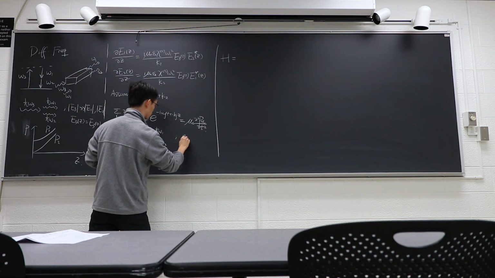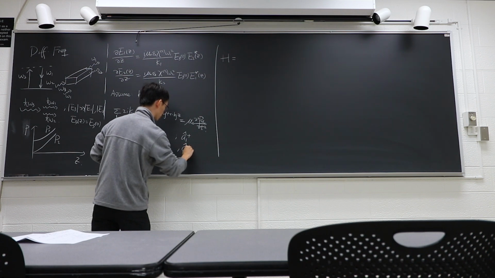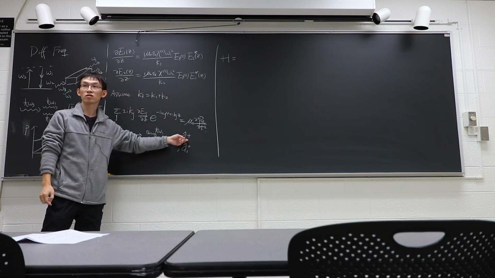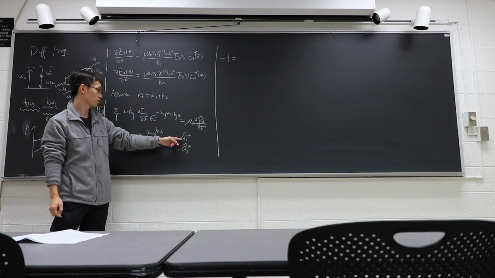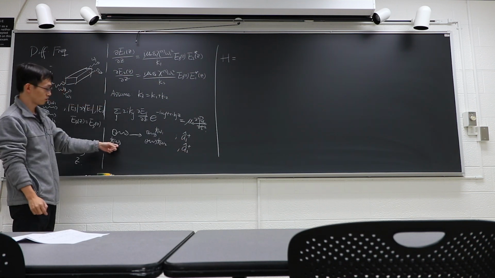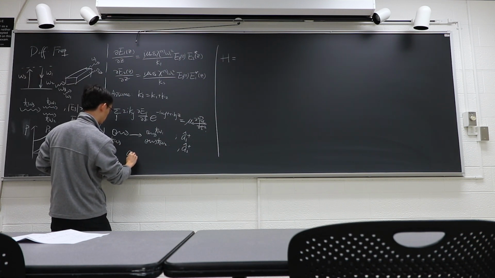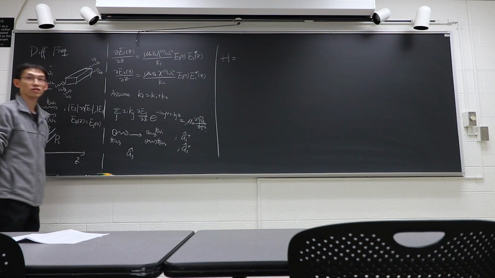We have talked about this. Creation operator: create a photon at this frequency, create a photon at that frequency. And you want this photon to disappear, so you have an annihilation operator.